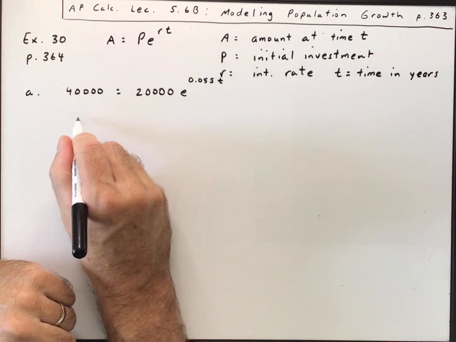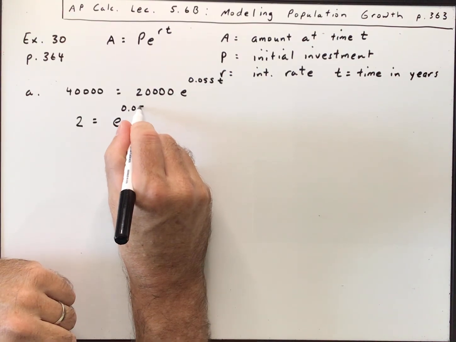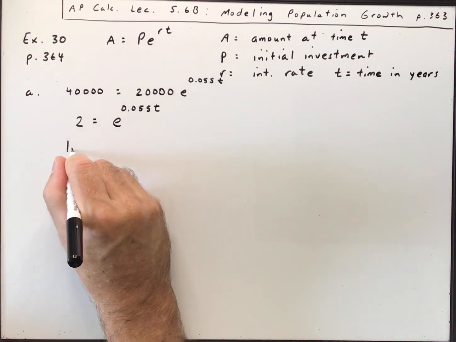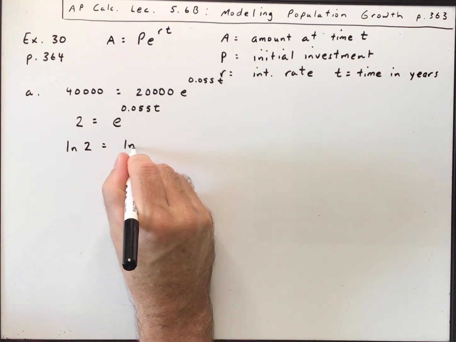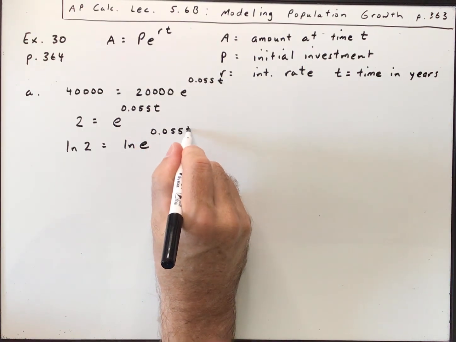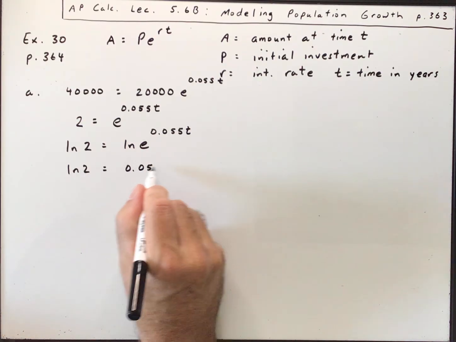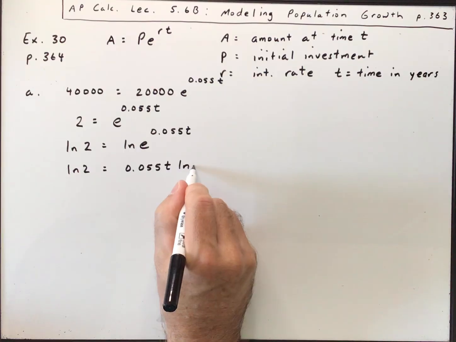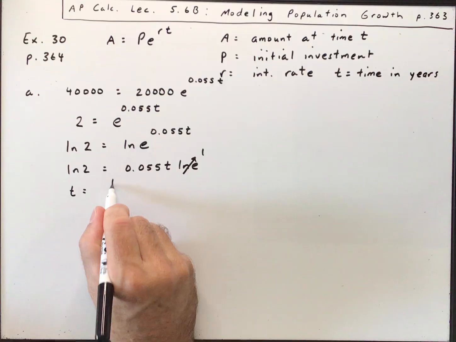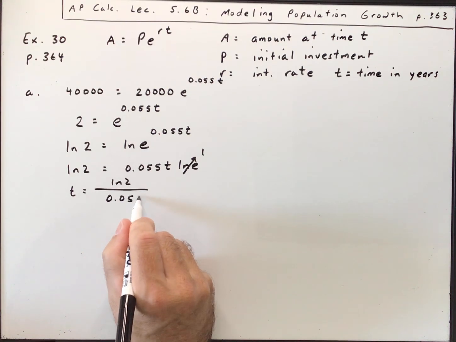So divide both sides by 20,000 and you'll have 2 is equal to e to the 0.055t. Let's take the natural log of both sides. The natural log of 2 is equal to the natural log of e to the 0.055t. Now we can use the properties of logs to bring that 0.055t out front. That goes to 1. So t is equal to the natural log of 2 over 0.055.